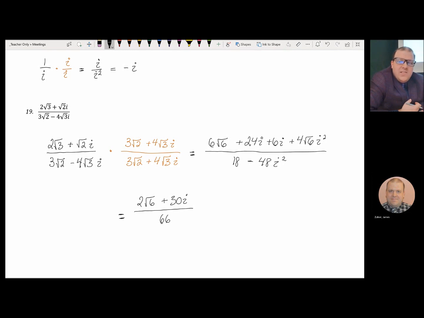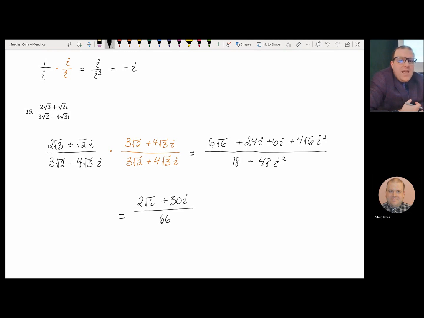Just combine into one. I mean, technically we did, right? It's 6 root 6 plus 4 root 6. Factor out a root 6. That becomes 6 plus, I'm sorry, minus 4, all times root 6, which is 2 root 6.